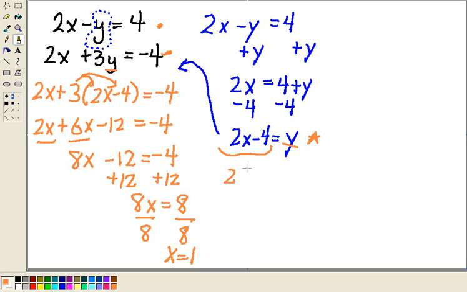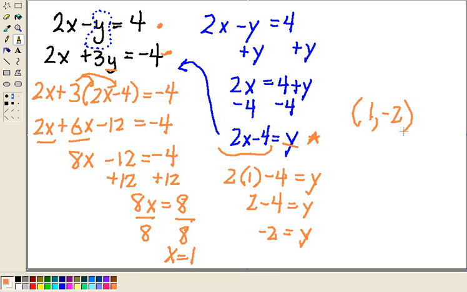So I've got 2 times 1 minus 4 equals y. Simplifying, I get 2 minus 4 equals y, or y equals -2. To express my solution as a point, I would say 1, -2.